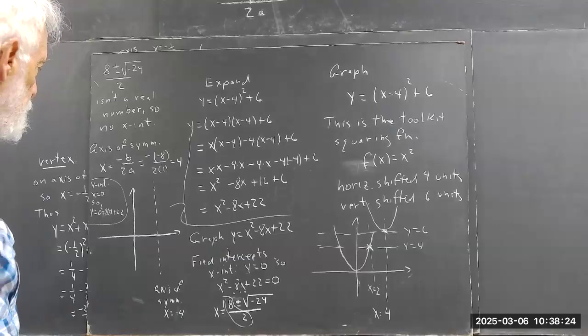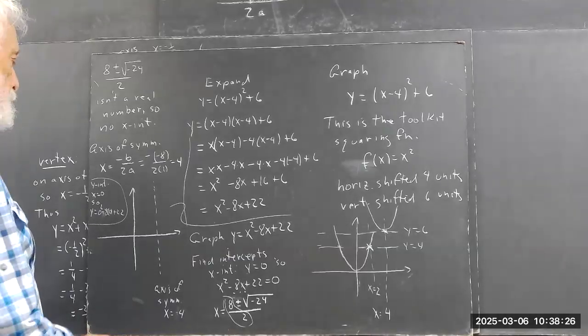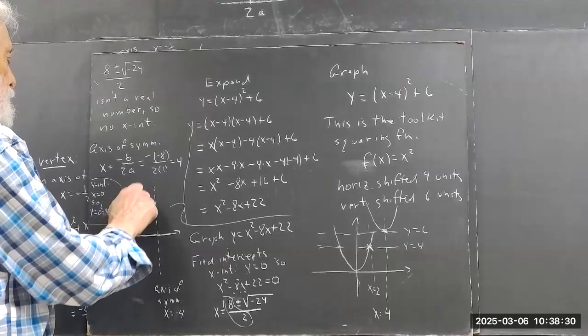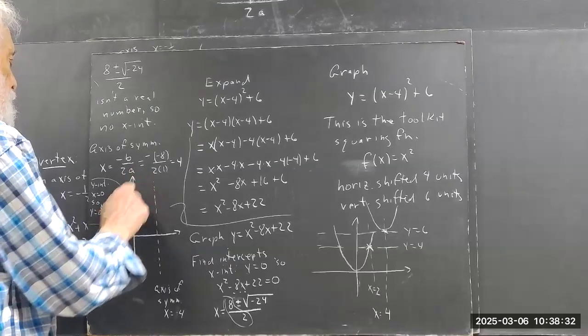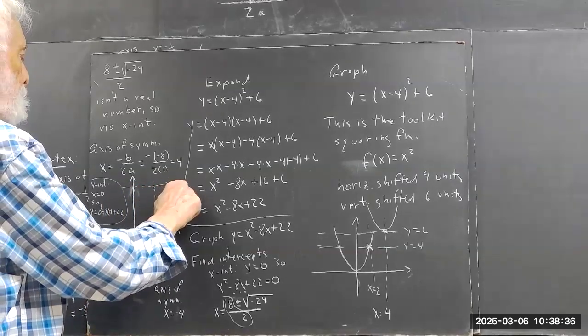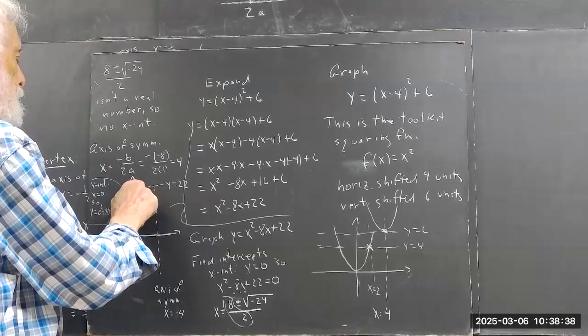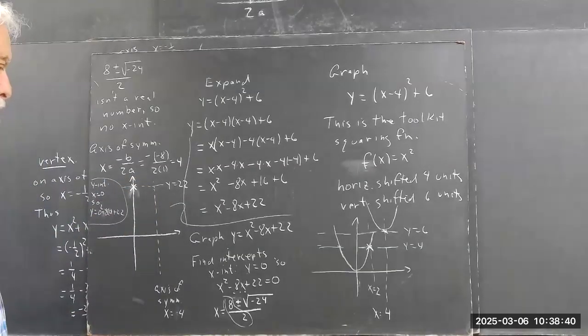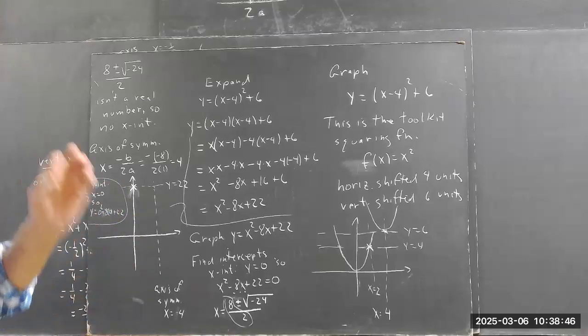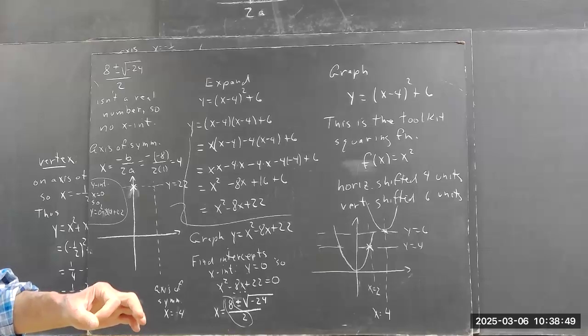We see it's at y equals 22. So we'll extend this axis a little bit and say that y equals 22 is going to be up here, and there's our y-intercept. We have the axis of symmetry and we have the y-intercept, and we're going to be able to figure out the vertex.